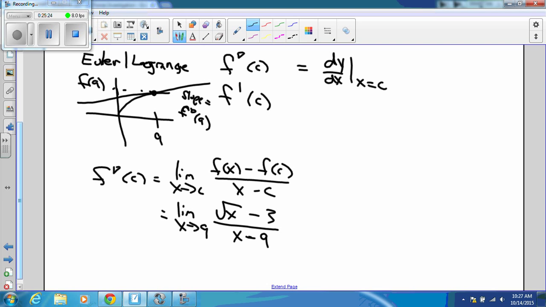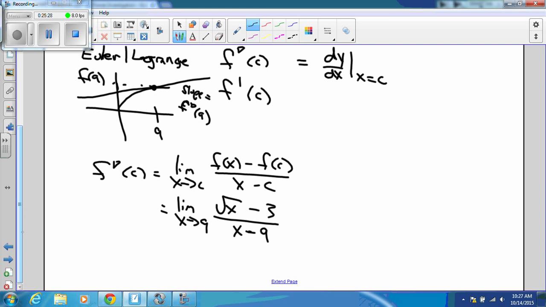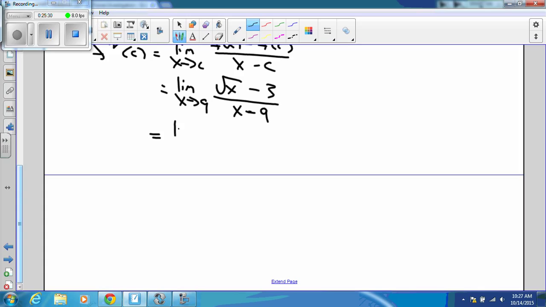How should I evaluate it? Can you multiply by the conjugate, divided by square root of x plus 3? That's it. We're going to rationalize.